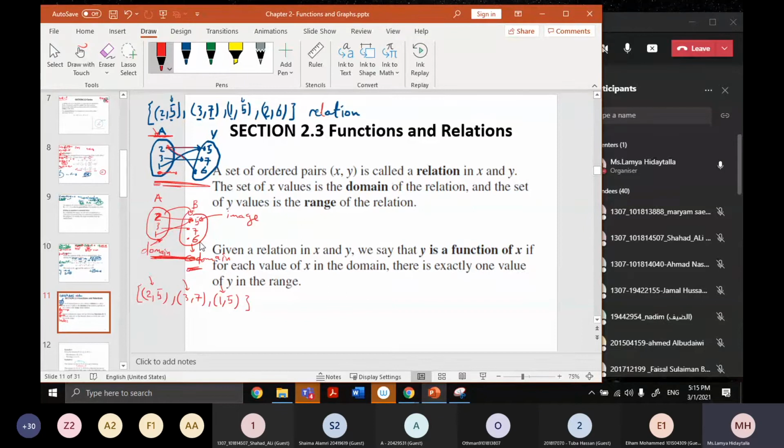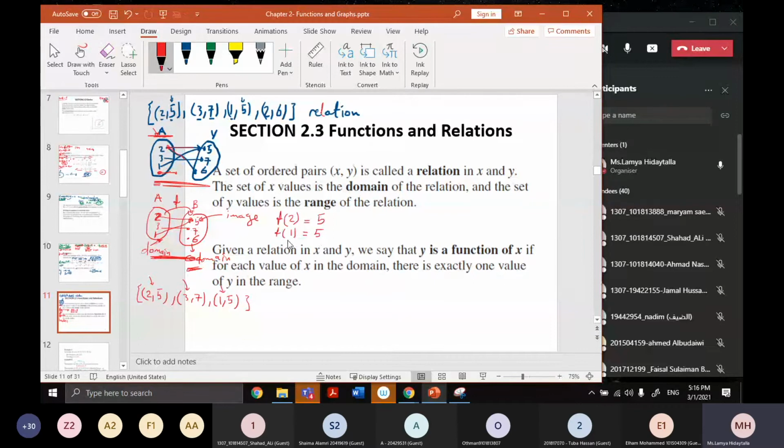For the 2. 5 is also an image of the 1. And this we call a function f. And we say f of 2, the element 2, is equal to what? It's mapped to 5. F of 1 is equal to what? Also equal to 5.